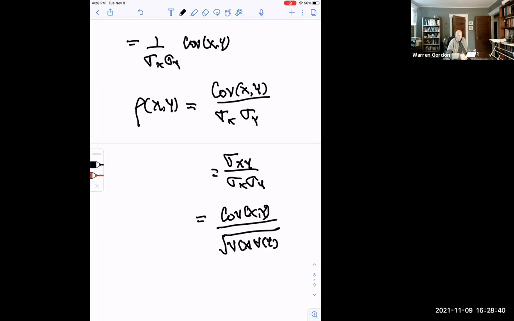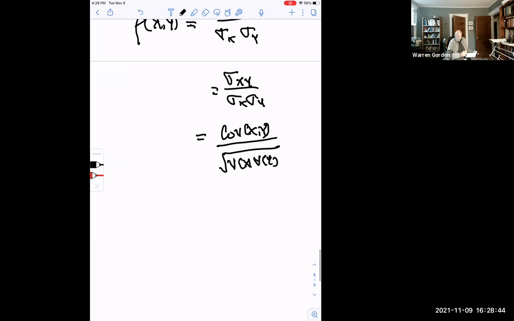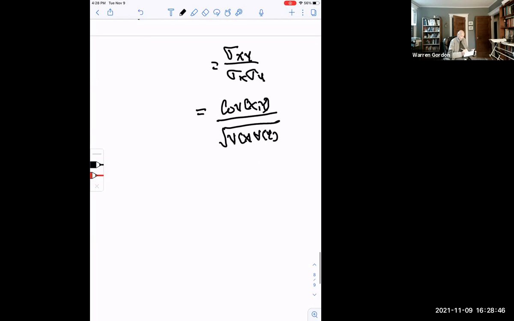So we have this really nice result for this correlation coefficient. And then we'll look at some of the properties. So we've just shown that rho of xy is nothing more than the covariance of x and y divided by sigma sub x, sigma sub y.